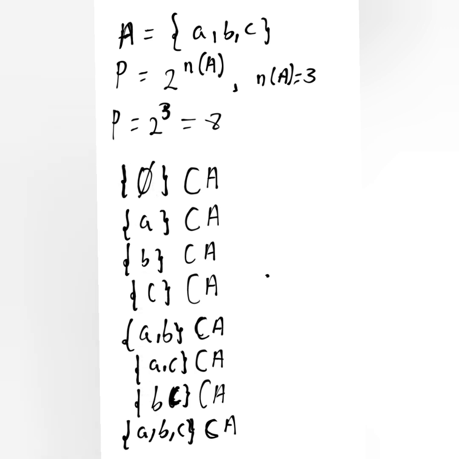Now if we're going to write out the power set, we're going to write it like this. The power set of A contains these elements. It contains the empty set. It contains a. It contains b.